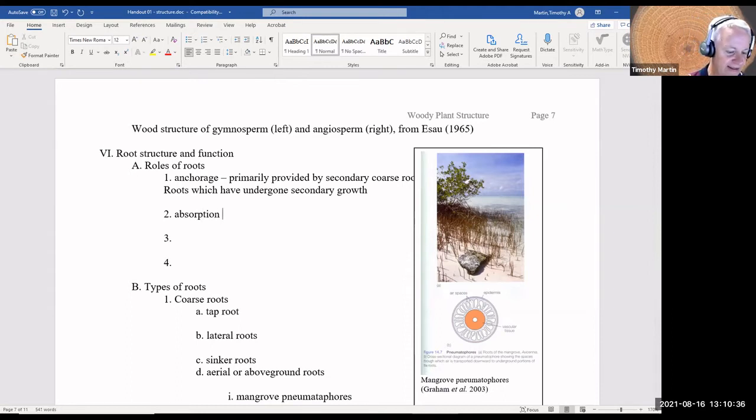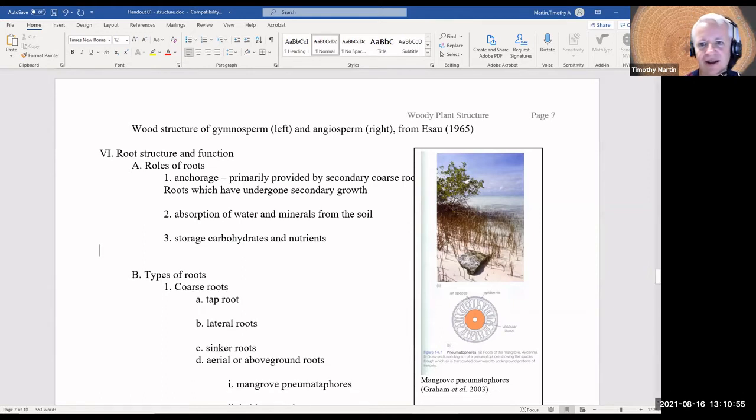roots provide absorption of water and minerals from the soil, and they can also store carbohydrates and nutrients. I'm not going to worry about bullet point number 4. So those are the 3 main functions of roots.